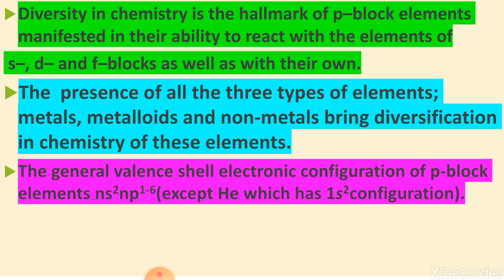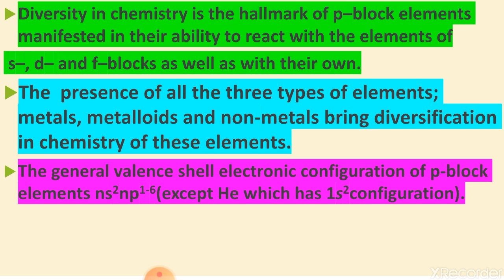Now again dear students, you have to know the general electronic configuration of p block elements, that is ns2 np1 to 6. That means the p orbital contains either 1 electron, or maximum 6 electrons, except helium which has configuration 1s2. The rest of the elements of p block contain either 1, 2, 3, 4, 5 or 6 electrons in the p orbital.